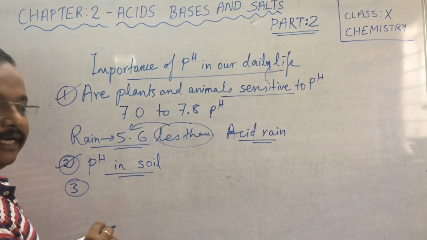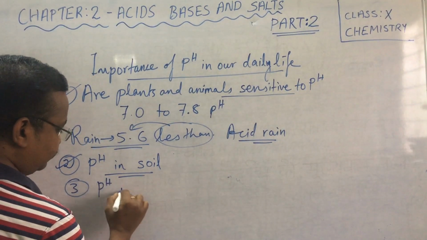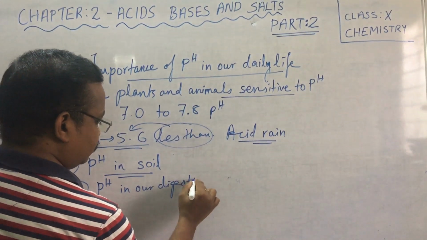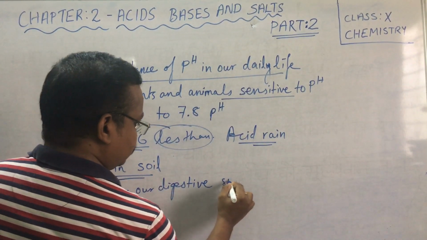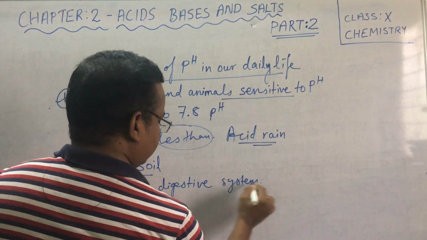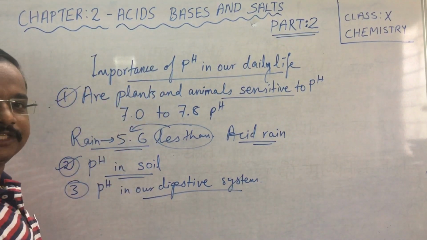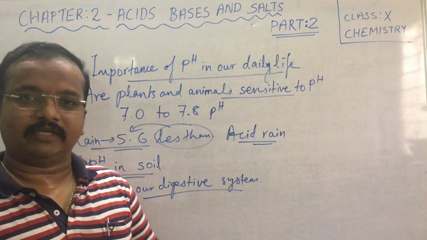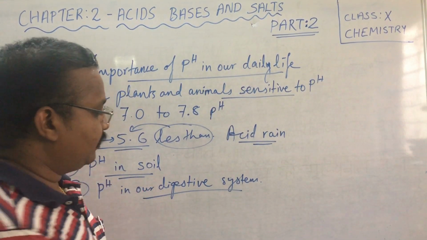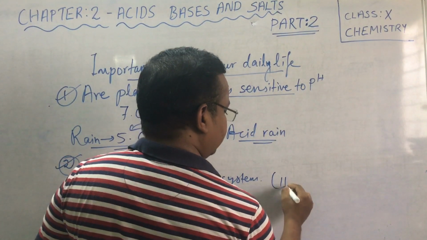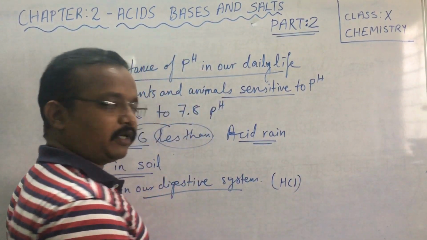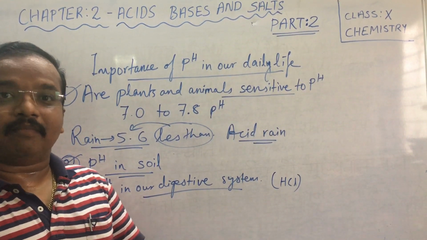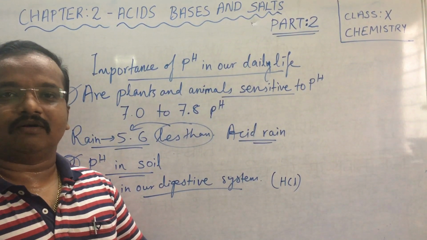Third one, pH in our digestive system. See children, you have studied in biology that for our digestion, a very important thing we require is hydrochloric acid produced in our stomach, right? Suppose the amount of hydrochloric acid increases in our body.